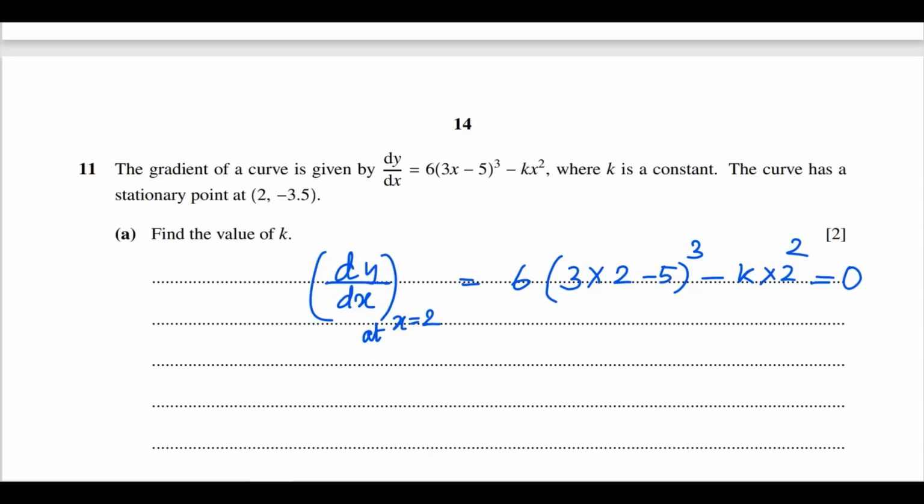So this is nothing but 6 times (6 − 5) is 1 cube, gives 1. So 6 − 4k equal to −6. So k is equal to 3 over 2.